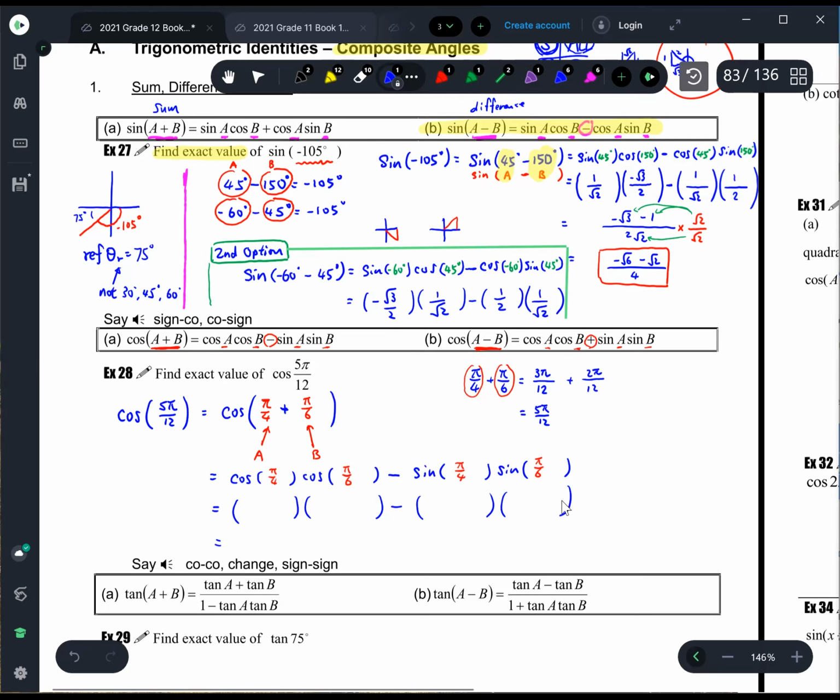If you got the 4 blanks, please raise your hand. Pi over 4 is here, pi over 6 is here.